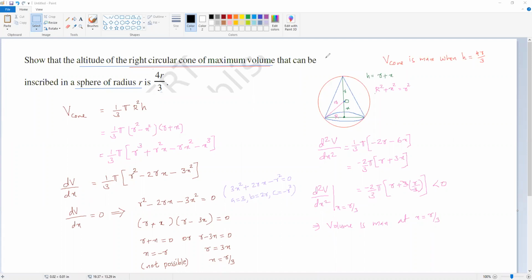So when x is equal to r upon 3, height is equal to r plus x, which is r plus r upon 3, so 3r plus r, 4r upon 3.